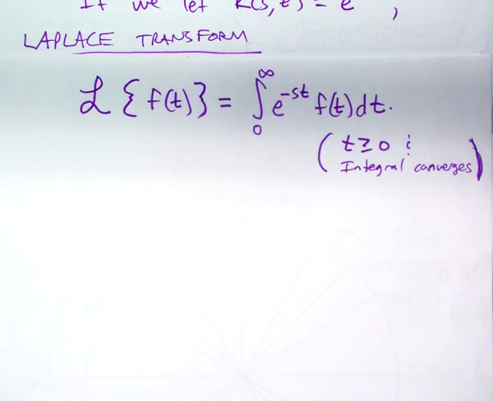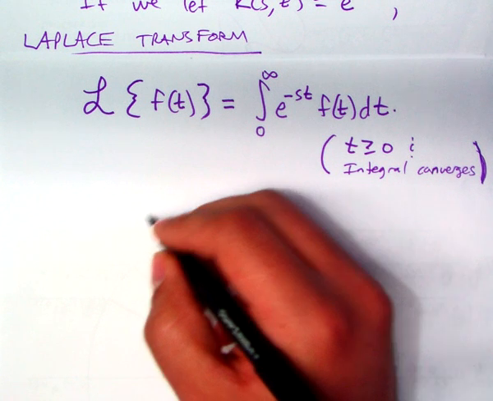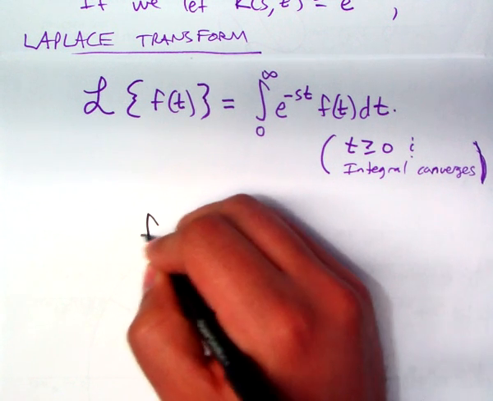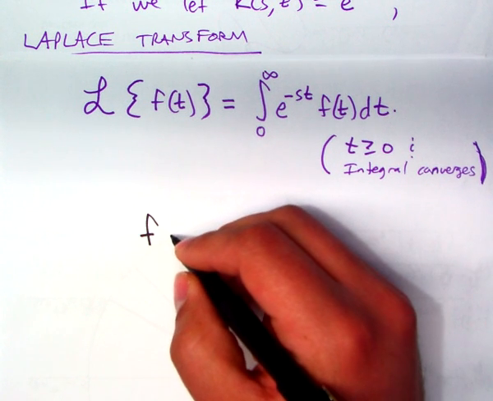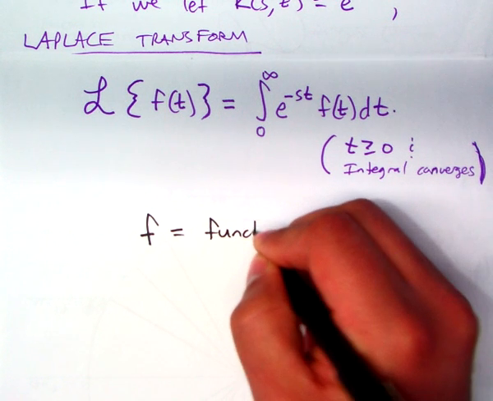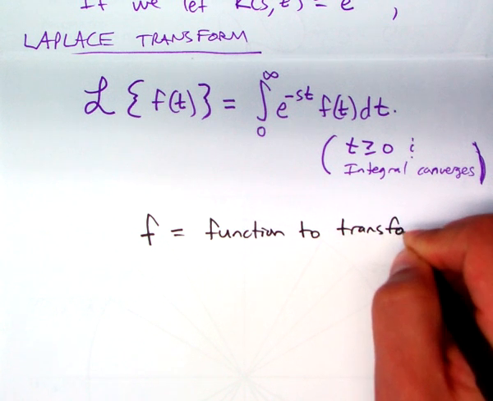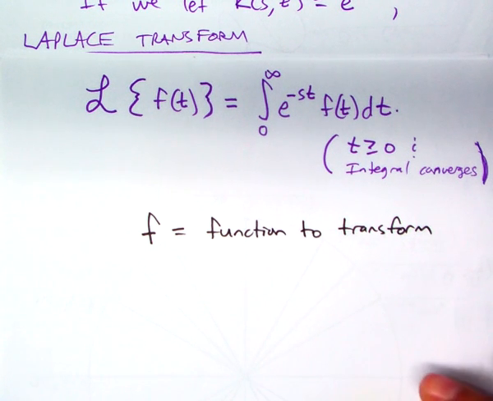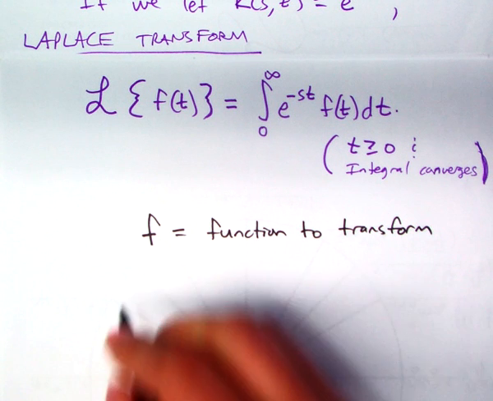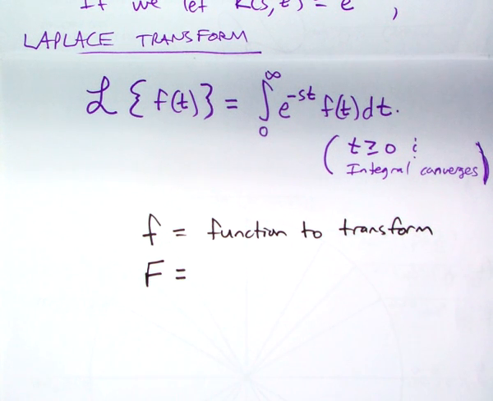Let's clear up just some notational issues. In your work and in my notes and in the book, a lowercase f or g or whatever letter we decide, that's always going to indicate the function to transform. If it is capitalized, that means that it already has been transformed.